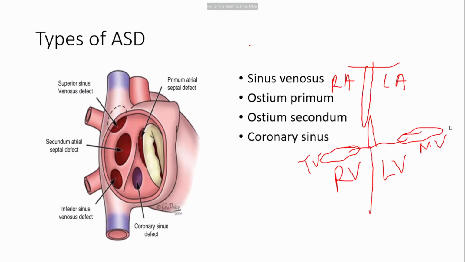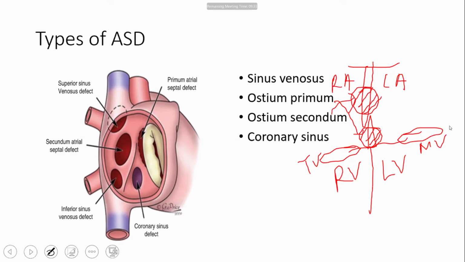So what happens? Between the right atrium and left atrium, if the atrial septal defect is over the septum primum, it is known as ostium primum. If it is over the septum secundum, it is known as ostium secundum.